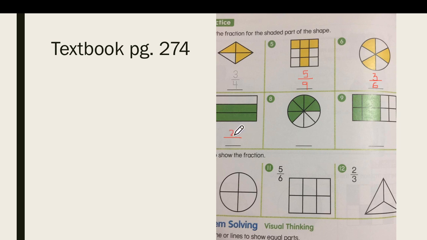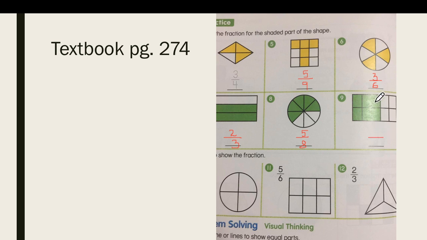And how many are there in all? 3. 2 out of 3, 2/3. Let's see this one. Draw the line. How many are shaded? 5. And how many are there in all? 8. 5 out of 8. 1, 2, 3, 4, 5, 6, 7, 8. Right. 5/8.